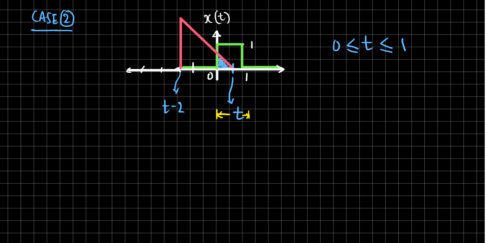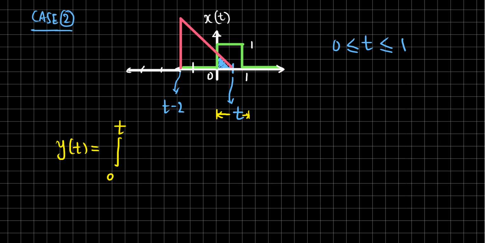So the integration would be y of t equals to integration in the range of overlap, that is 0 to t, just because this overlap here can be anywhere between 0 to 1. So that is, let it be t.